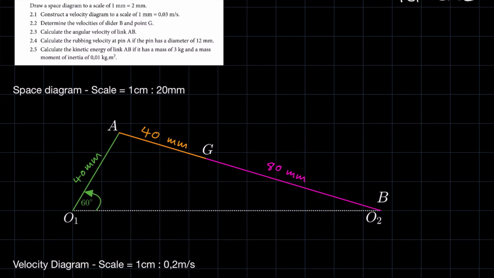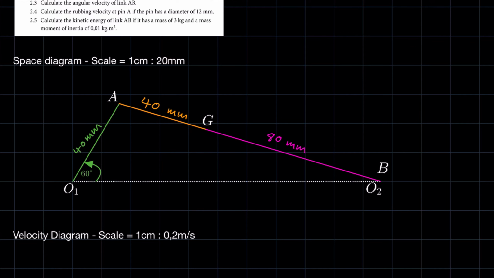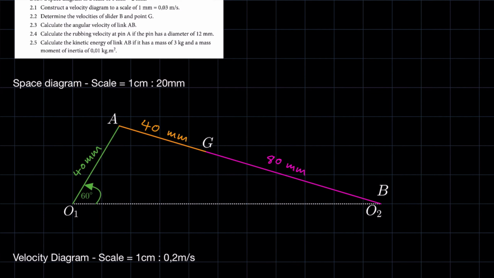Now, in drawing your velocity diagram, the first thing you need to understand is, on your mechanism, any and all fixed points you take as one point. That one point is probably the most critical point in your velocity diagram.